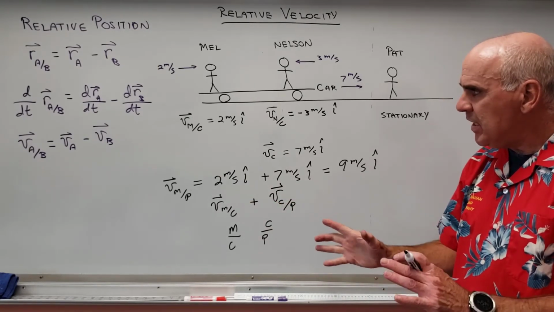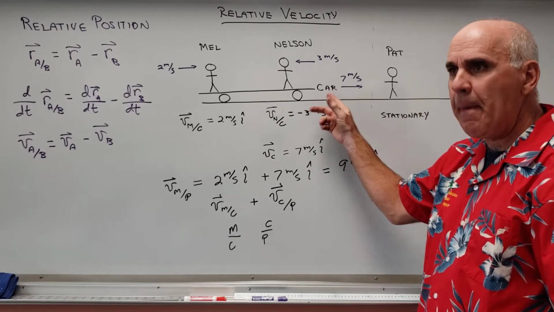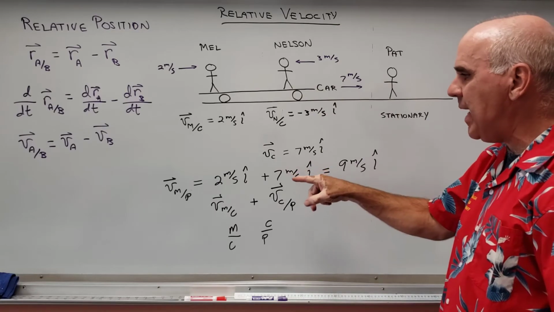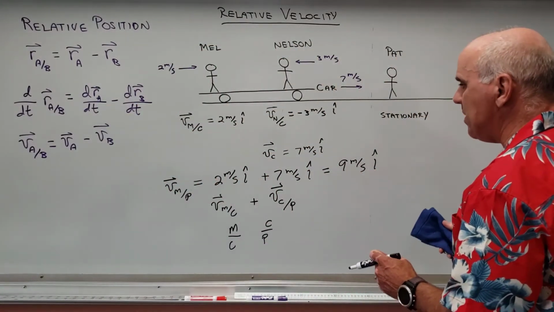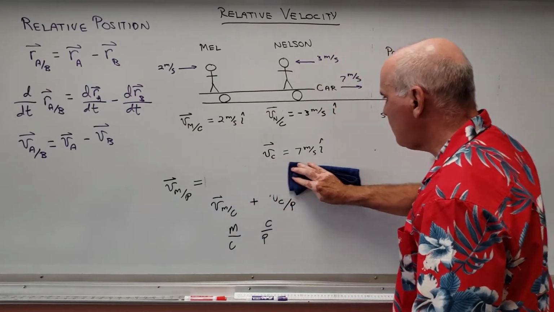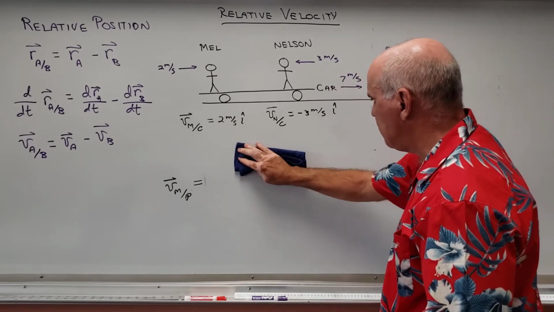Let's change things just a little bit though. I talked about let's make the car the origin, right? And I want to know what's the velocity of Mel with respect to Pat. But the car is now the origin. So let me go ahead and erase this. I'm going to erase that too.